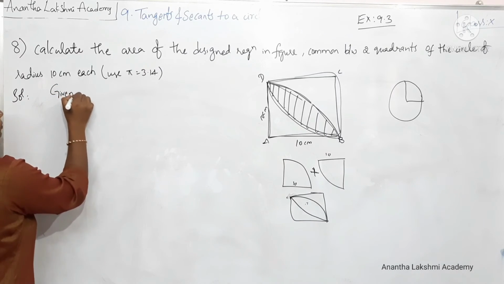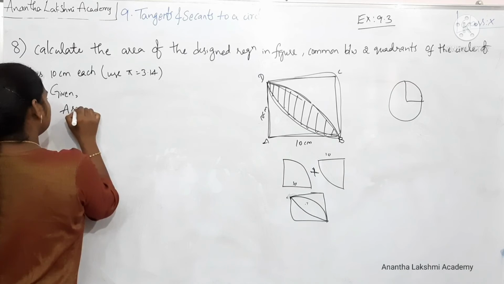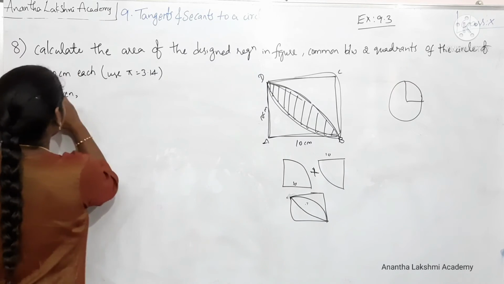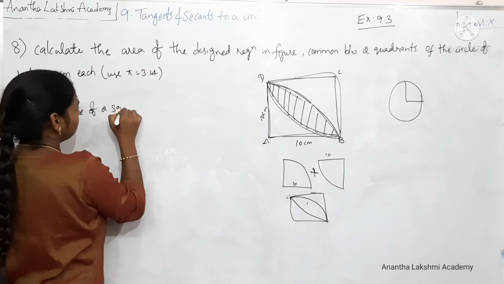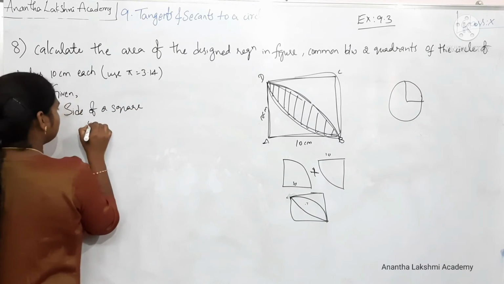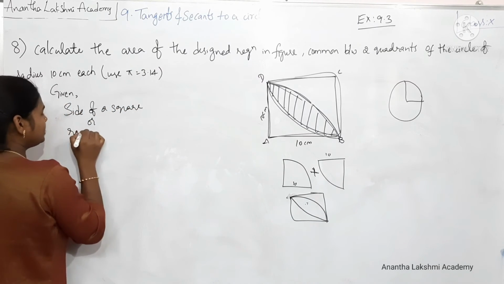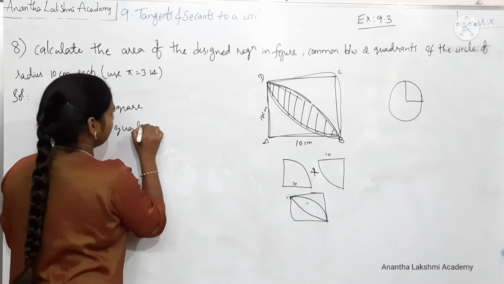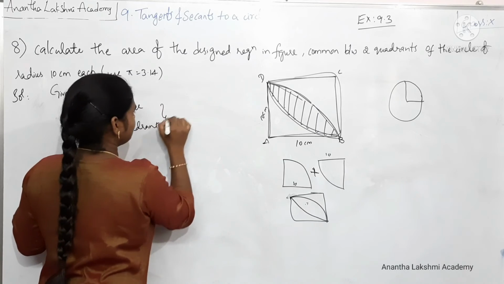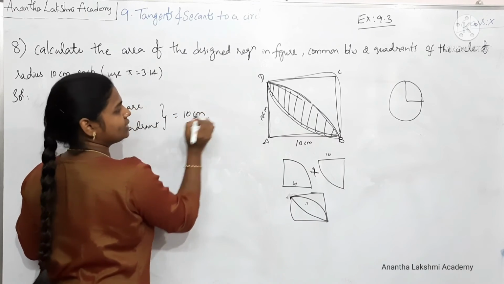Okay, let us write the given part first. Given: side of a square, or radius of quadrant, both are the same, no? It is equal to 10 centimeters is what is given.